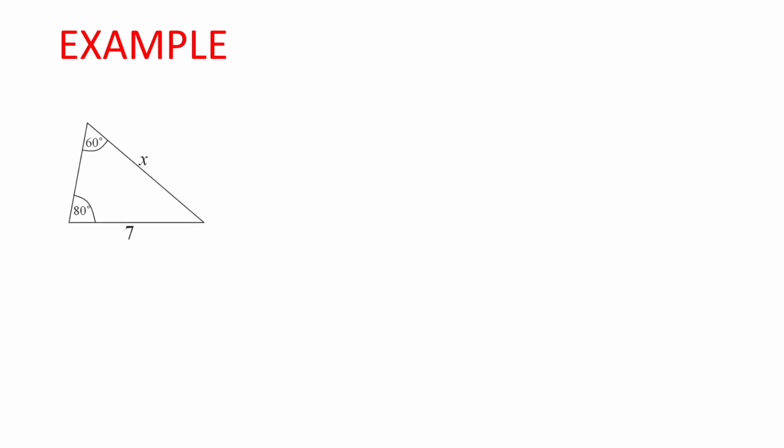Okay, so an example. Over here he wants to find x, so we're going to see first what knowns we have. We have two angles and a side, so the only case where we can use two angles and a side is the sine rule. If we have two sides and an angle, we can use either the sine or the cosine rule.